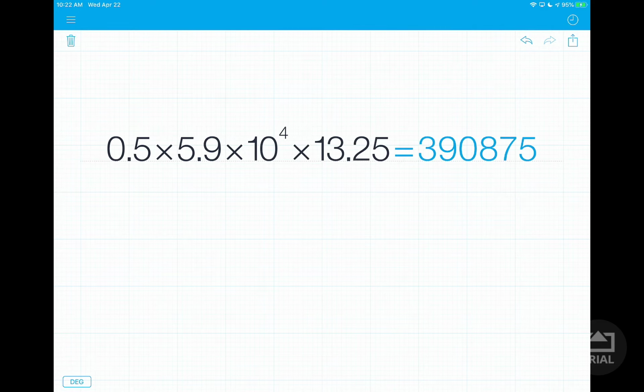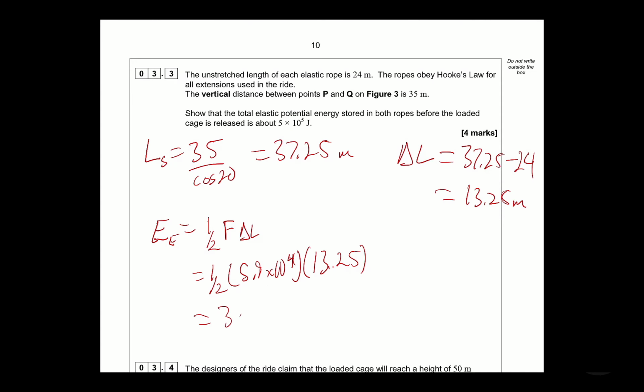That gives 3.9 times 10 to the 5. I've made a mistake somewhere here. Where have I made my mistake? Now, obviously, I've got a problem.